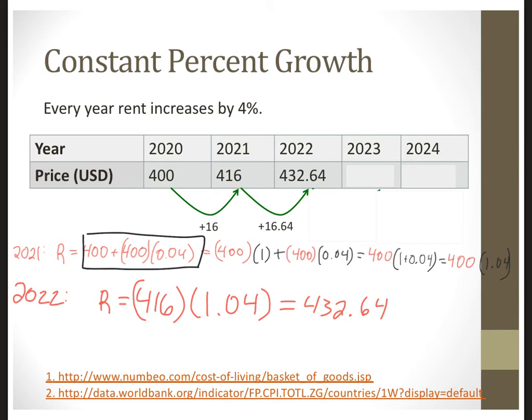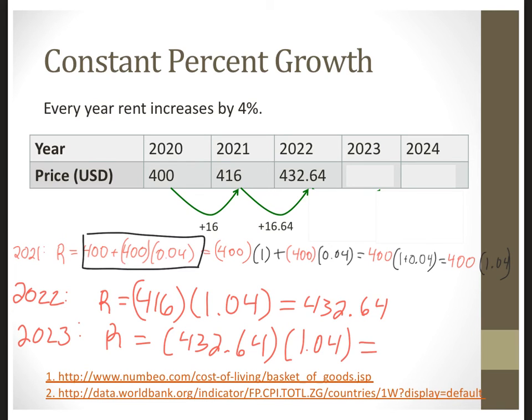But if I wanted to calculate what my rent is going to be in 2023, I can take the rent in 2022, which was $432.64 to be precise, and multiply that by 1.04 again to calculate my new rent.